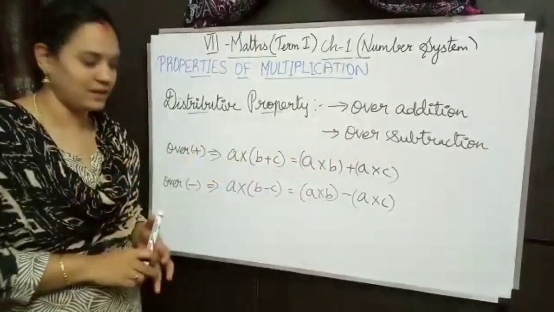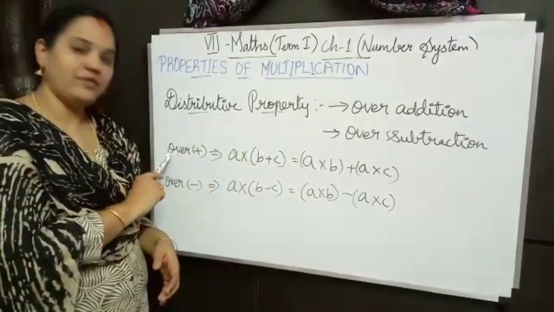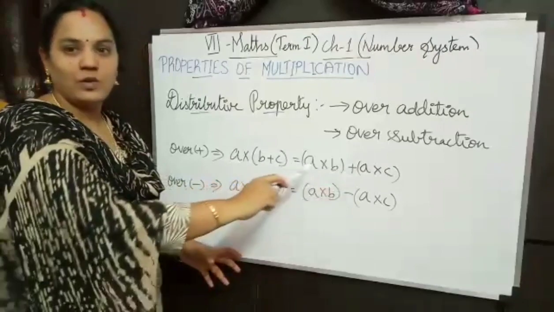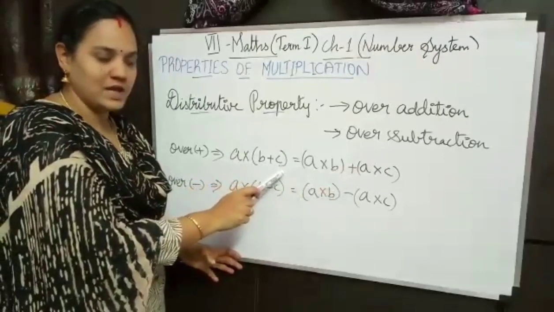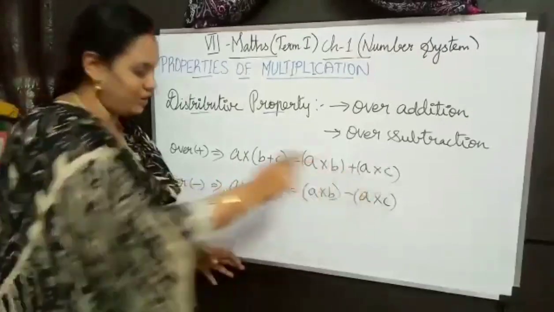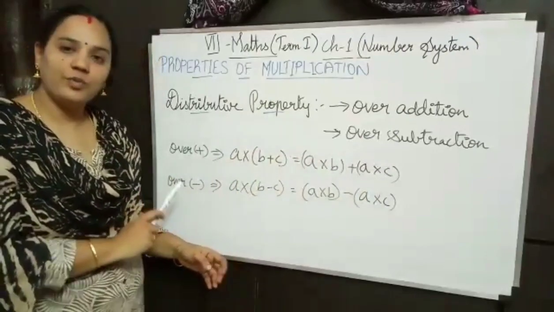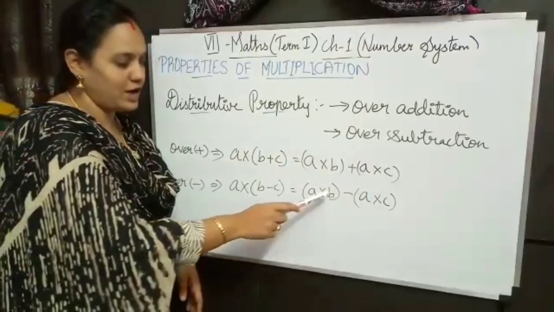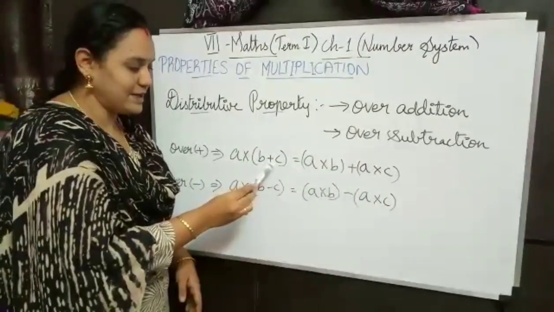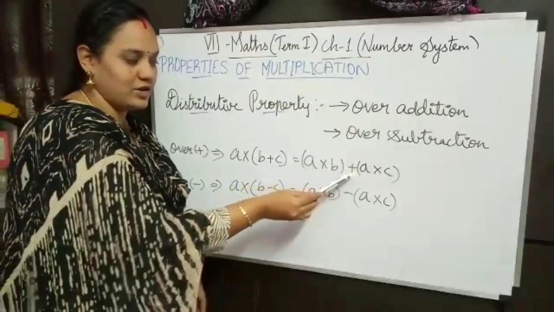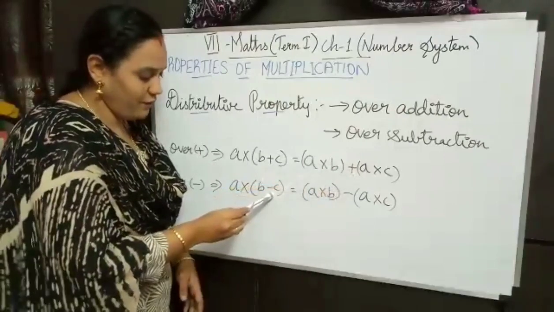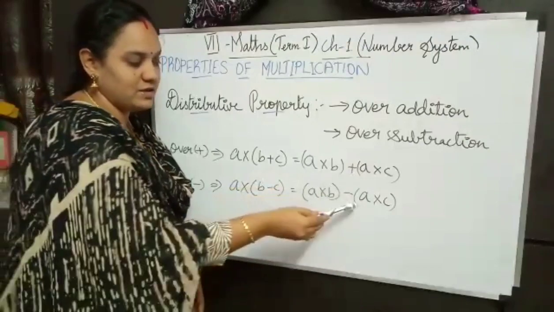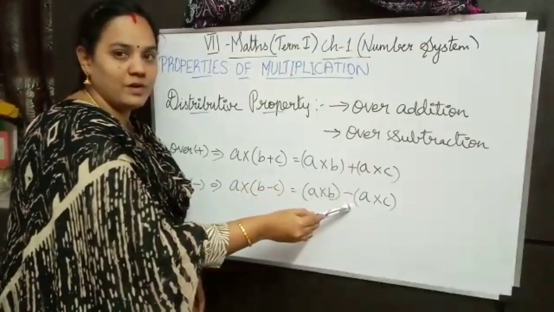If they have given distributive property for addition, the equation will be like this: A into B plus C is equal to A into B plus A into C. Likewise, distributive property over subtraction means A into B minus C is equal to A into B minus A into C. Here the operation is plus, and in the answer also the operation is plus. If in the question the operation is minus, in the answer this operation will be minus.